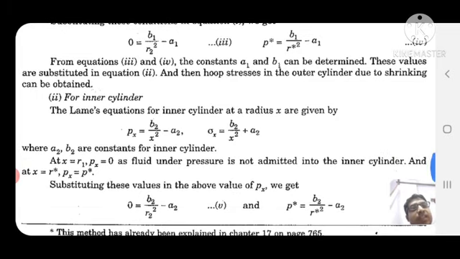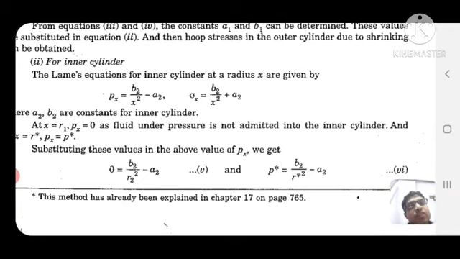For the inner cylinder, the Lame's equations at radius x are given by Px equal to B2 by x square minus A2, and Sigma x equal to B2 by x square plus A2, where A2 and B2 are constants for the inner cylinder.